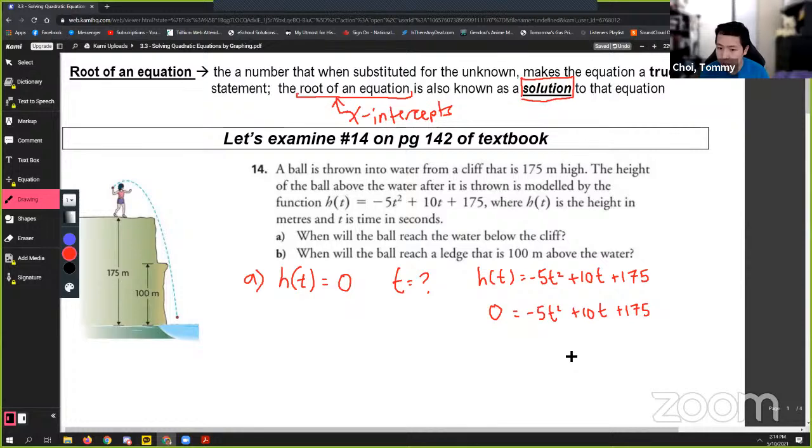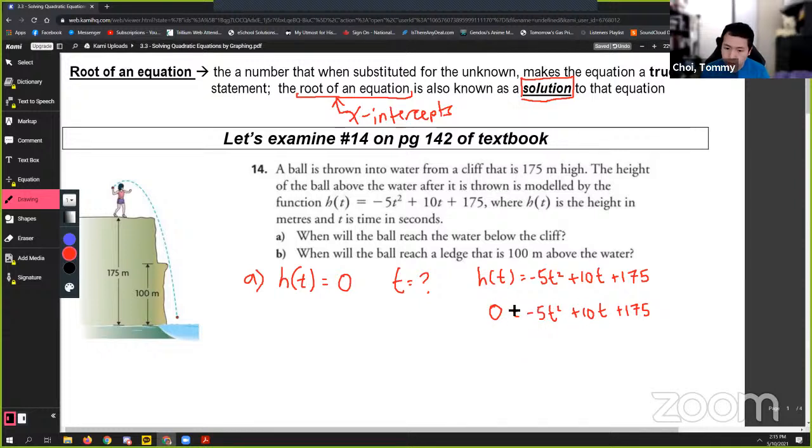Now the question from here is, we need to find where the height is 0, and we need to solve for t. We need to solve for all the t values that make this true. And the way you're going to do that is to solve for the roots of your equation. So we're solving for the x-intercepts using this information. That's going to give us our answers, all the x values that work.